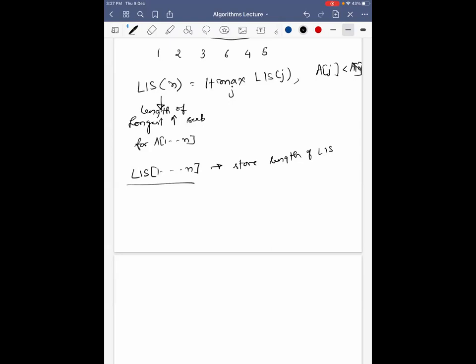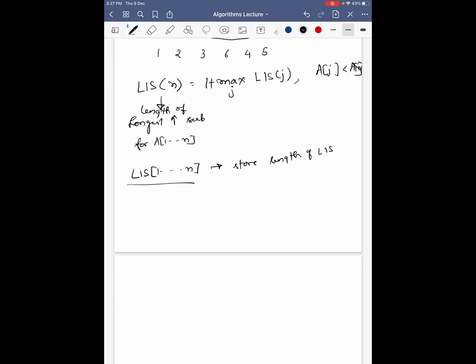Then we can't append AN. Okay, so this is not going to be the final output. This is basically just computing the longest increasing sequences ending at each point. After that, of course, you'll have to take the maximum. Oh, okay. So LIS of J computes the longest increasing subsequence which ends at AJ.